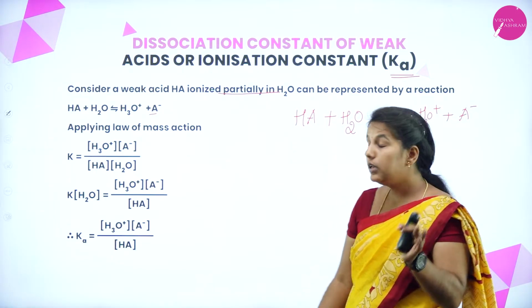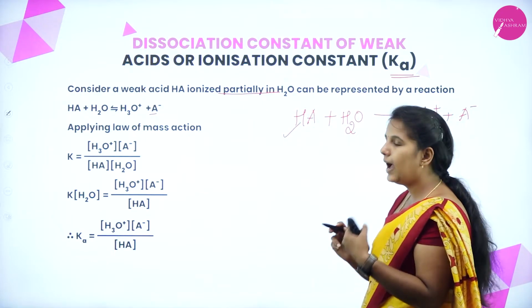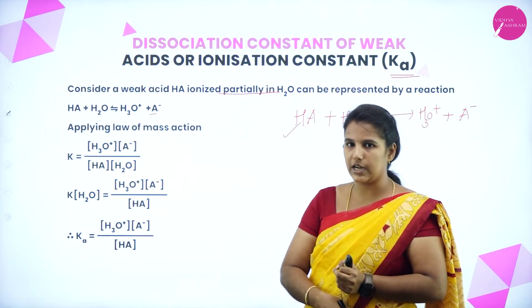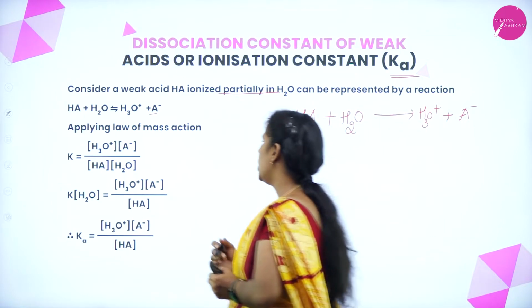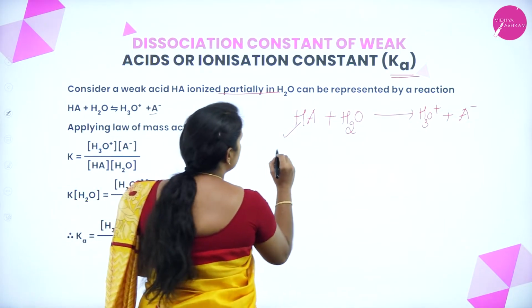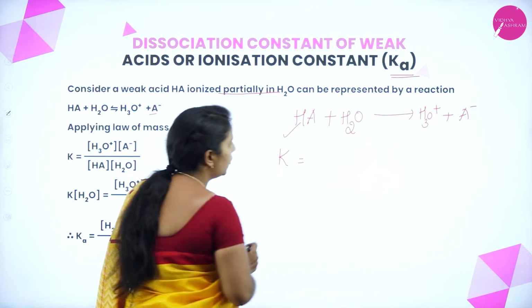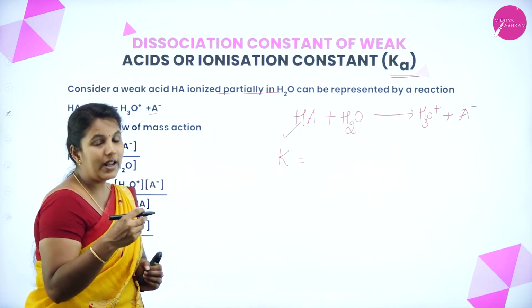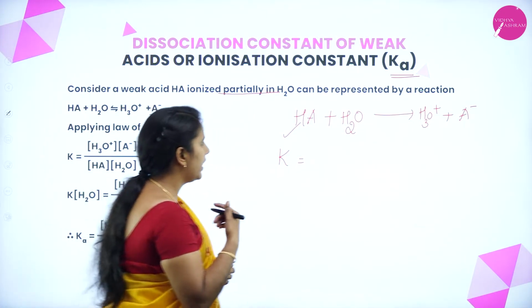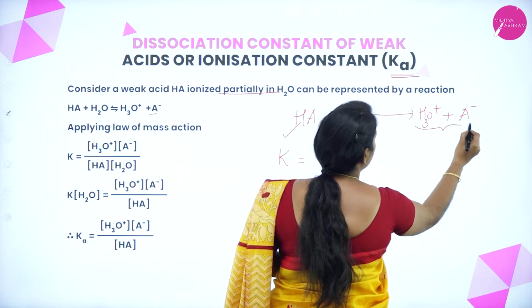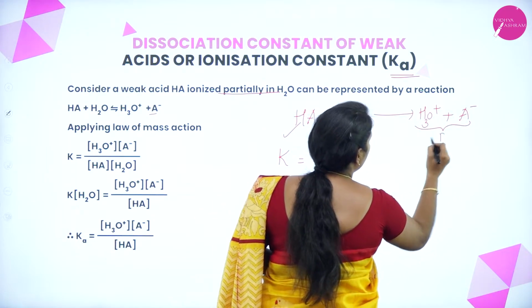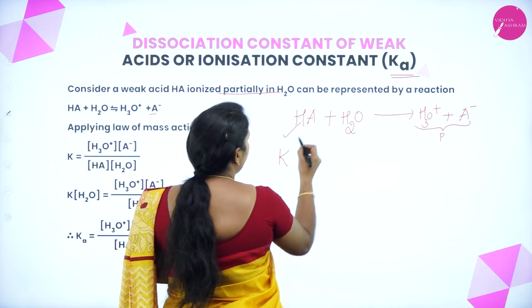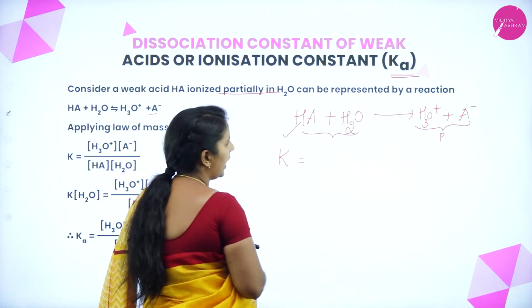Now for this reaction, I'll apply the law of mass action. So what does the law of mass action tell us? K is equal to the molar concentration of the products divided by the molar concentration of the reactants. Here my products are the H3O plus ion and A minus ion, whereas my reactants are HA and H2O.